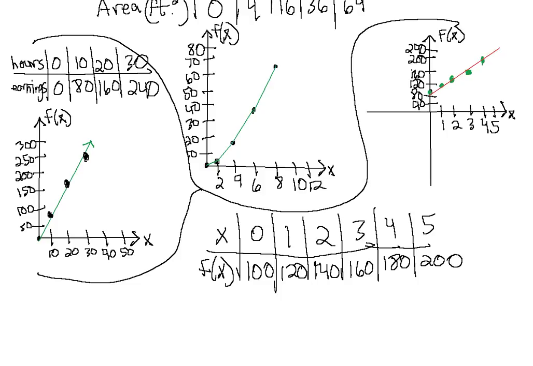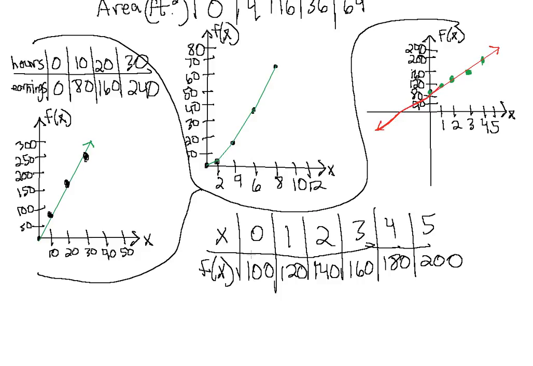And we're not told anything about what this is actually describing, so we're going to go ahead and assume that this is continuous and that it goes infinitely in both directions, in the positive and negative.